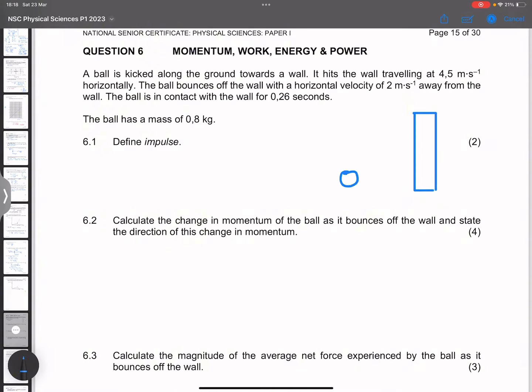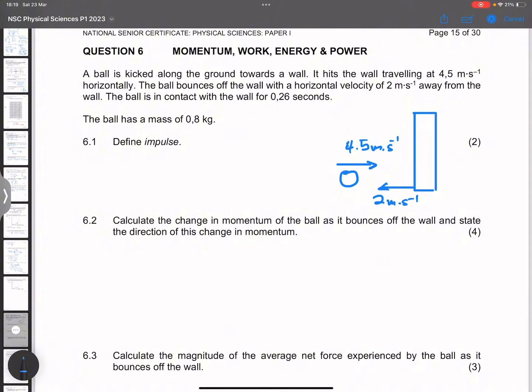So we know the ball approached the wall with a speed of 4.5 meters per second, and then we know that it bounced off the wall with a speed of 2 meters per second. Now, please be very careful because we're going to have to choose a direction here.